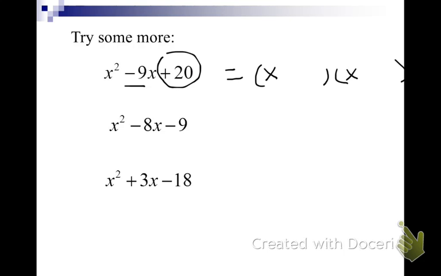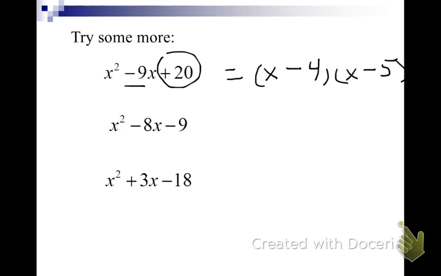Well, the two numbers have to be negative, because a negative times a negative equals a positive, and a negative plus a negative equals a bigger negative. So what two negative numbers multiplied together will make positive 20 and add up to negative 9? 4 and 5. Now, if you put a 5 in the first parentheses and a 4 in the second parentheses, that wouldn't be wrong.